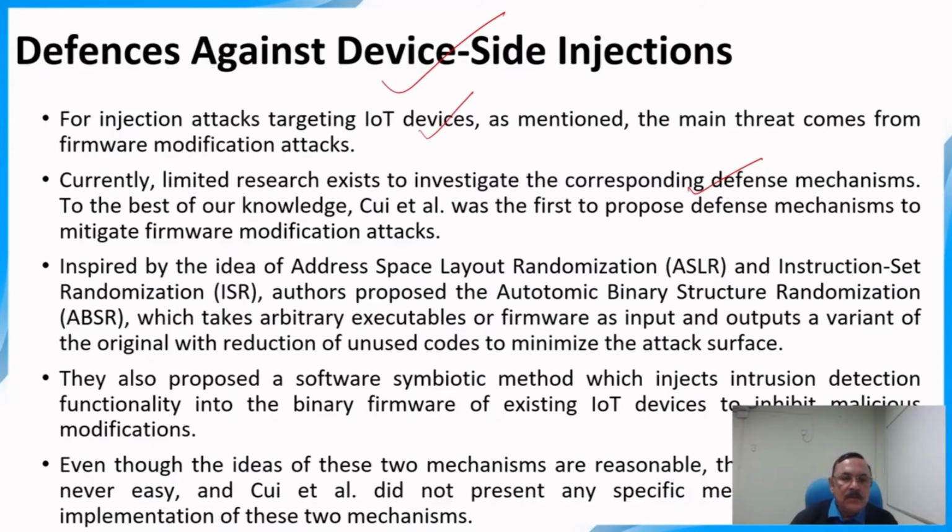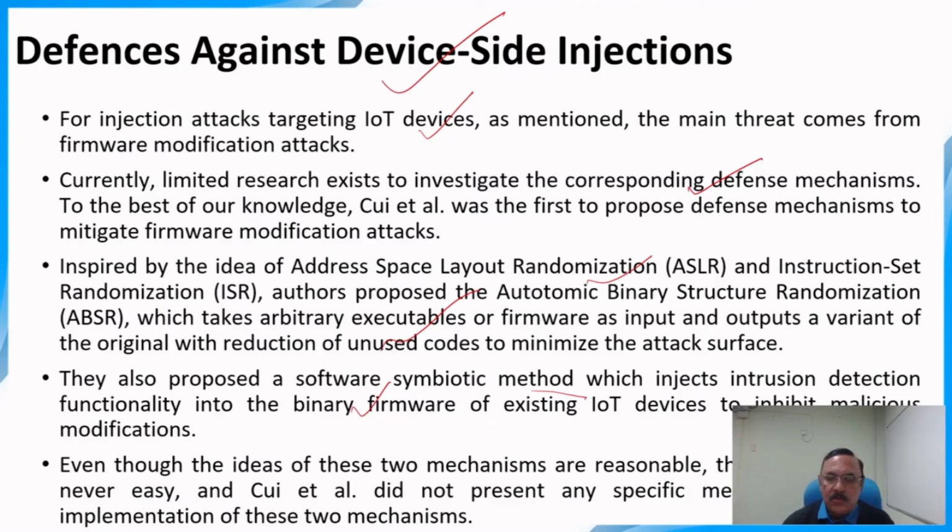Now, various ideas are floated based on address space layout randomization, instruction set randomization and so on. Various papers and researchers have also proposed the software symbiotic method that injects intrusion detection functionality into the binary firmware of the existing IoT devices.